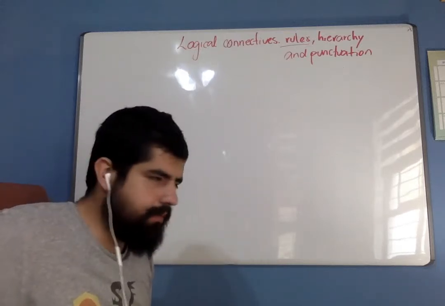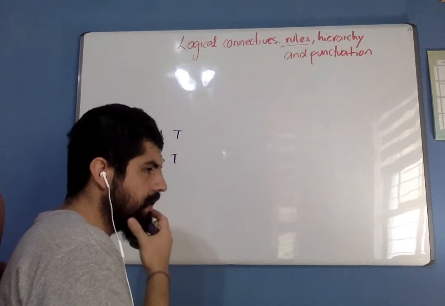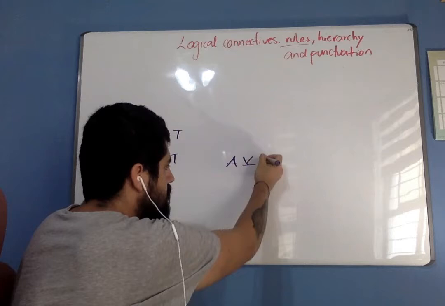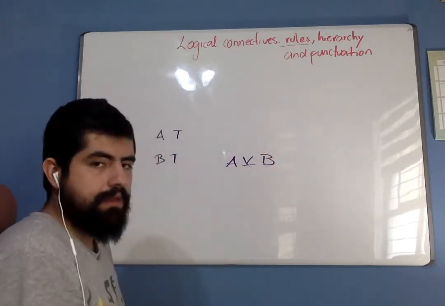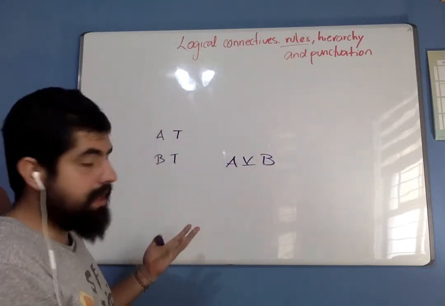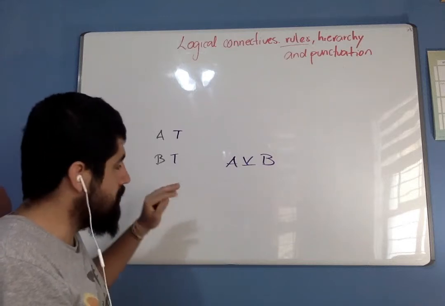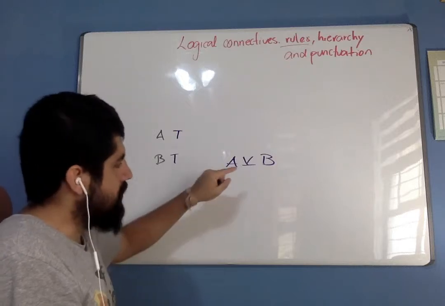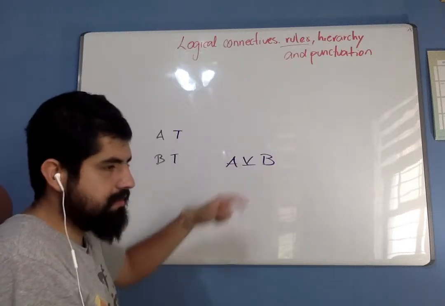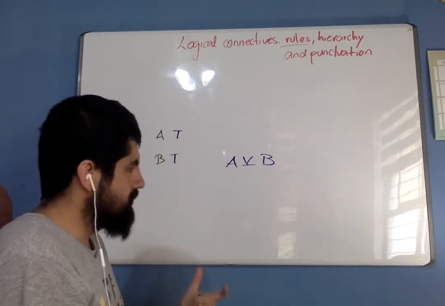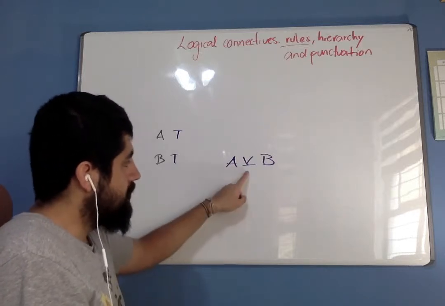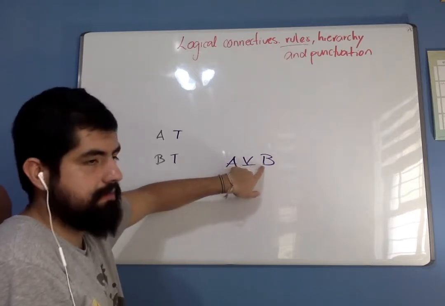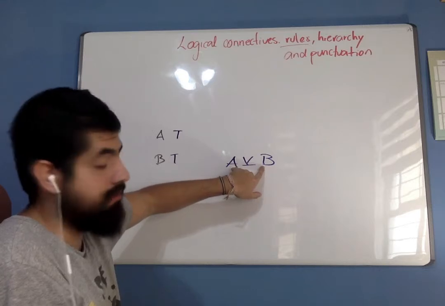Imagine that we want an exclusive disjunction, A exclusive disjunction B. With the values that we already have for A and B, the rule of the exclusive disjunction is that it is true if its components have different values.